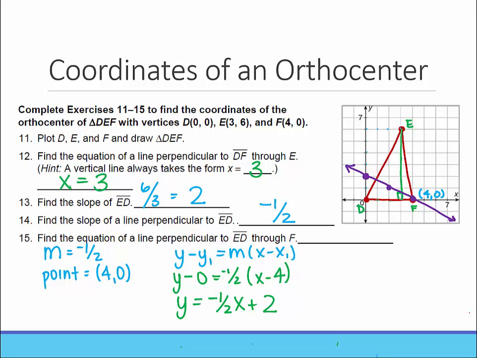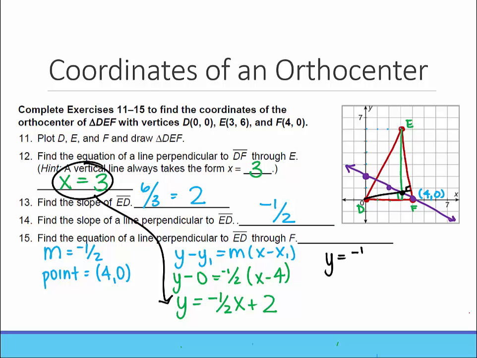And then we can see they cross right here. Now we could take the time to find the altitude that's going to go through here, but we know it has to go through those 2 points. So no need to do the math. We just have to find what this point is right here. Now we know that the x value of this has to be 3 because we found it up here. So use that to plug it in this equation and figure out what y is.